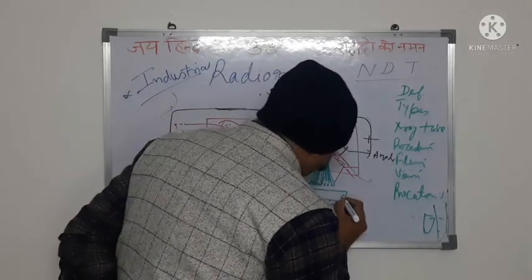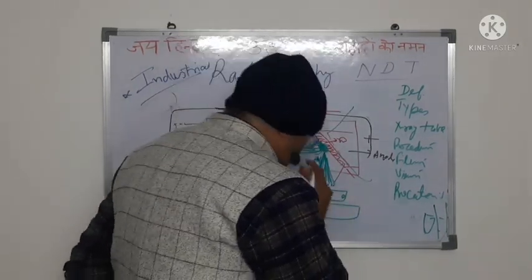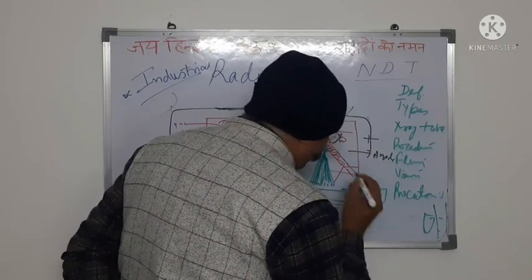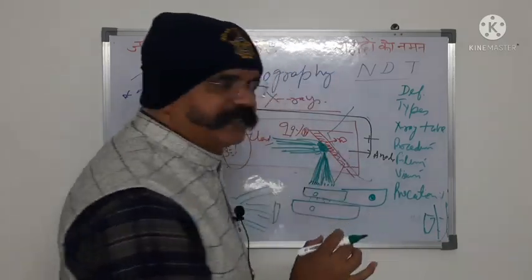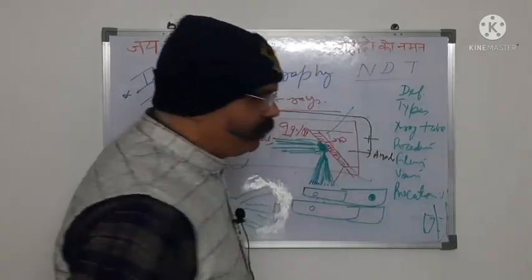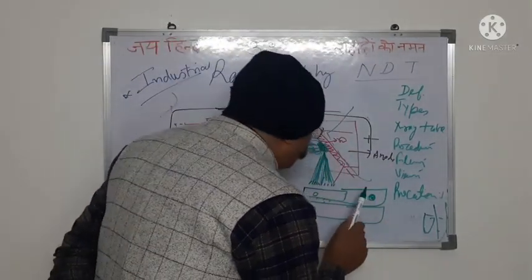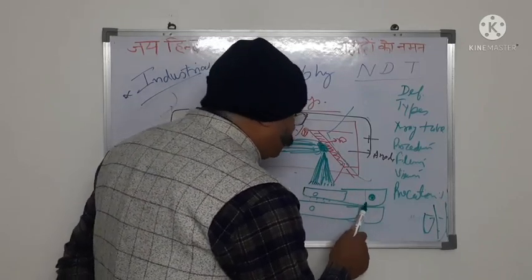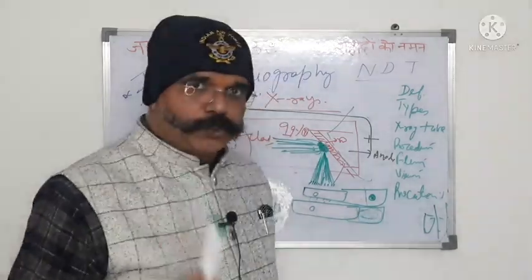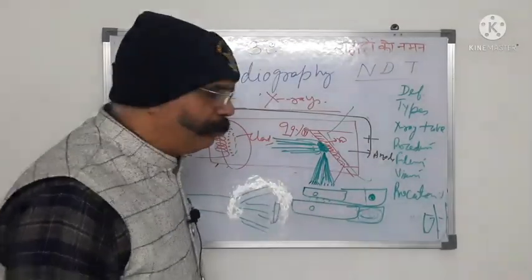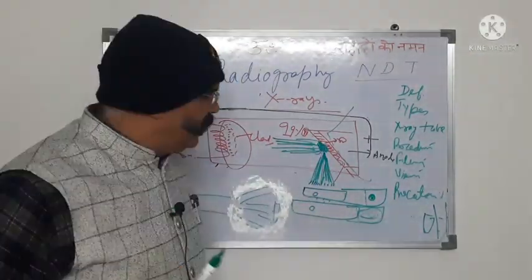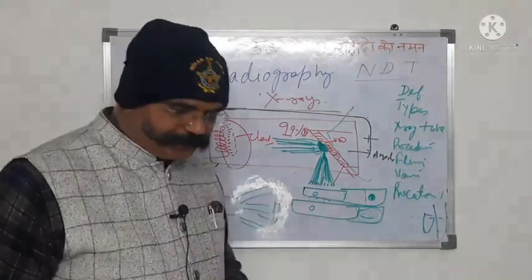Suppose your object is too large, and your defect is here, you are pointing the X-rays to the middle half side, you have placed the X-ray film up to here, it may not receive sufficient energy in this portion, so the proper information is not being transferred here. So placing the object, placing the job, is also a very important criterion in X-ray radiography.